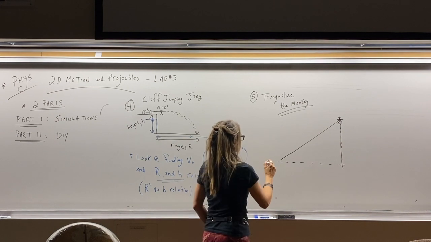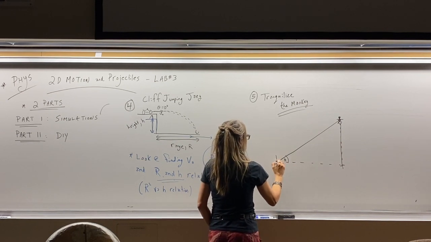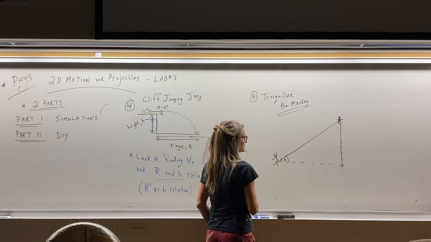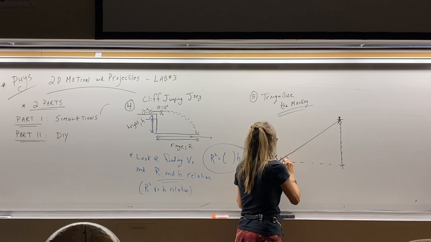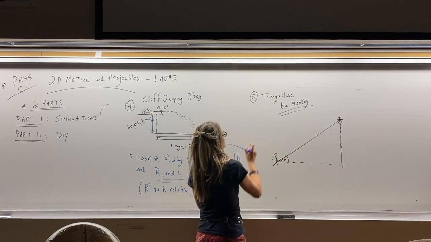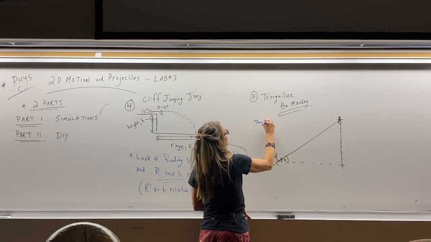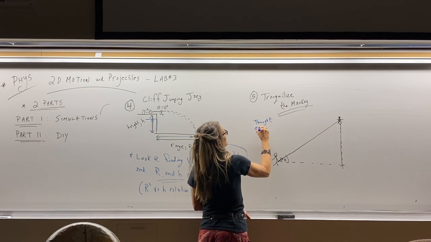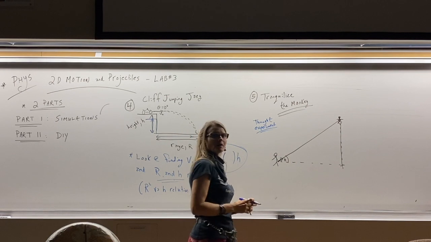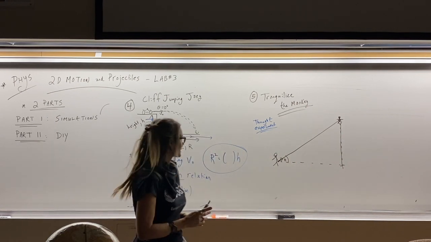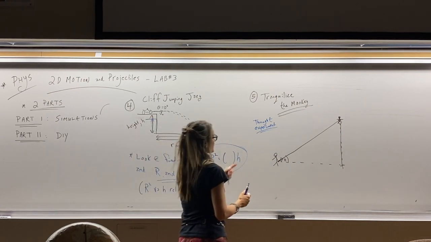So here you have a ranger that will fire a tranquilizer dart at the monkey. And this is a classic thought experiment, where we like to think our concept of physics through and work it out. That's what we mean by a thought experiment.